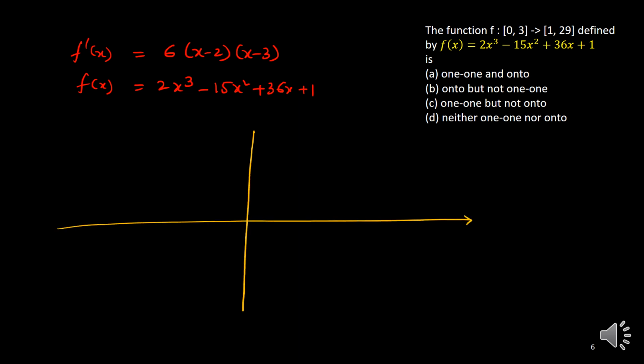This is your x, this is 2, this is 3, this is 1. The negative side is not useful for us. From 0 to 3, this is the domain given, so we will focus on this interval.